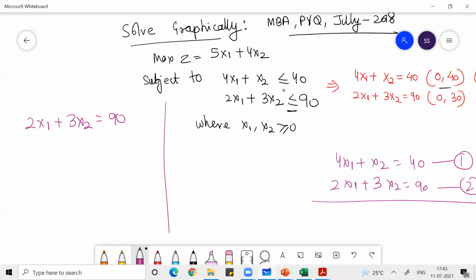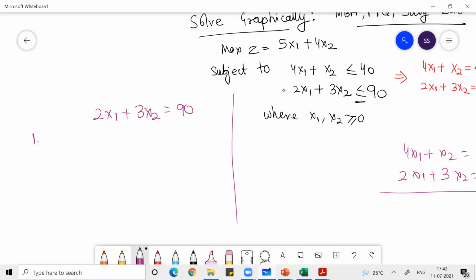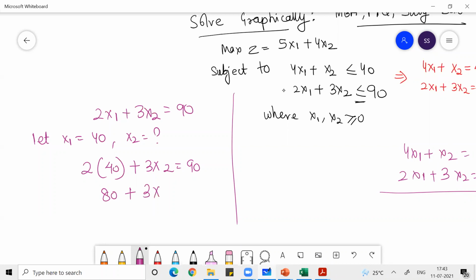40, sir. 40 for which? X1 or X2? X1. Okay. So Pavitra is saying let X1 be equal to 40. Then what is the value of X2? This I'm trying to find. So I'll write 2 into 40 plus 3 into X2 is equal to 90. 2 into 40 is 80. 80 plus 3x2 is equal to 90.